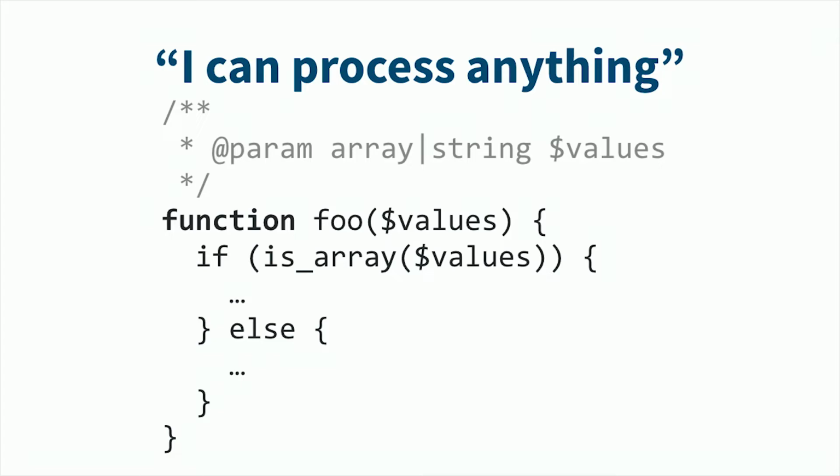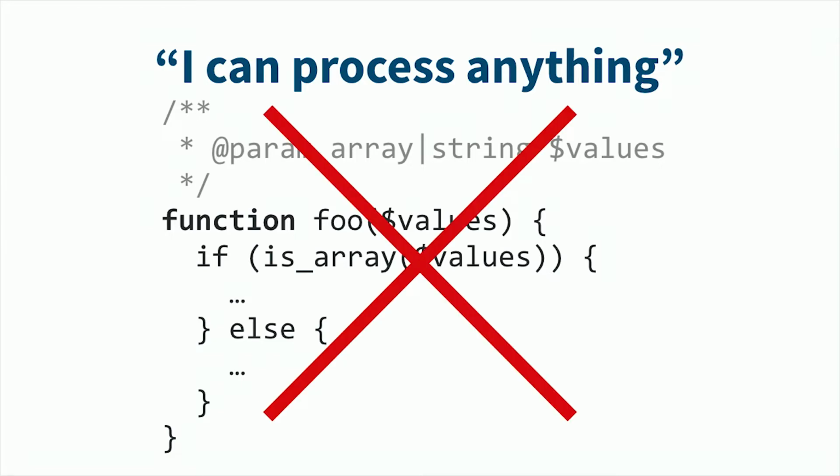And with each if condition, there are more combinations, more states to test. So you are actually adding more work for yourself. And you can't write a native type hint for the union type. You again have to add it to the PHPDoc. So again, that's a no.